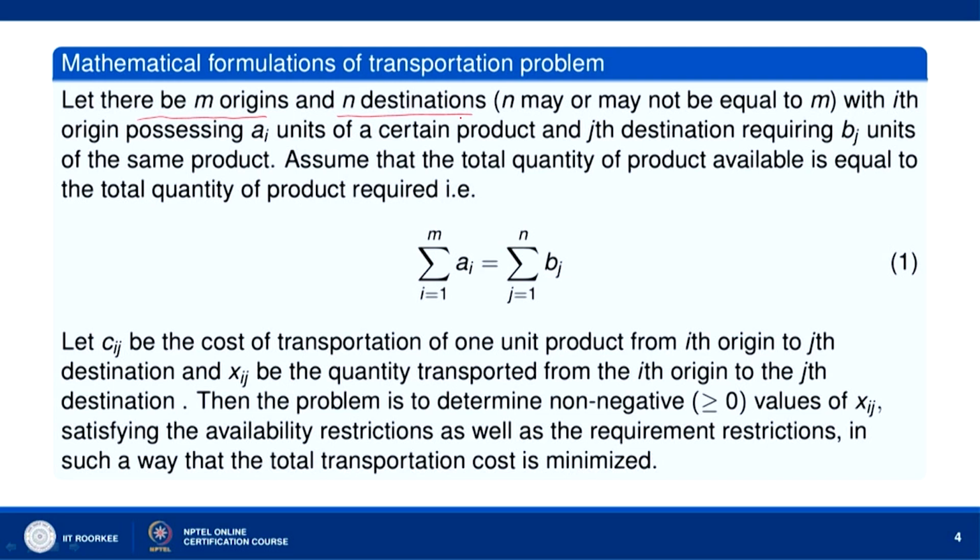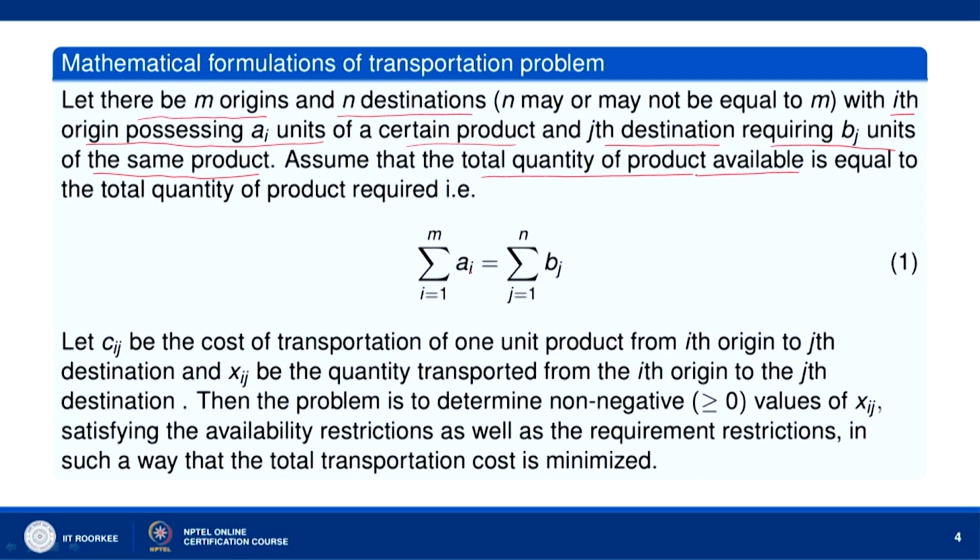The ith origin possesses A i units of a certain product and the jth destination requires B j units of the same product.